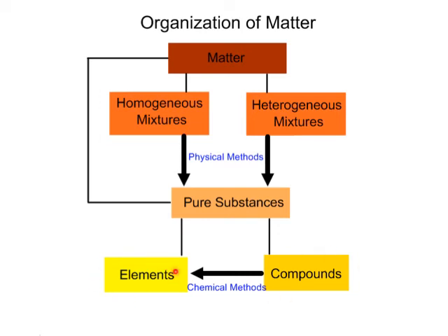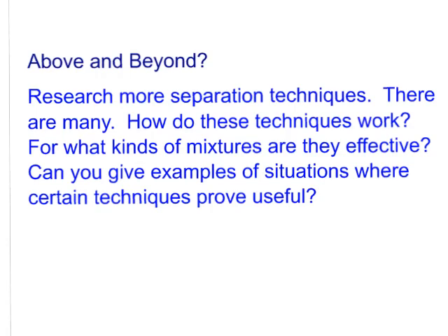In order to get elemental substances, we will need to use chemical methods to change compounds into elements by breaking those bonds and breaking the compounds down into the individual elements that they're made of. So that should give you an idea a little bit in your mind of how we can break matter down and separate it.